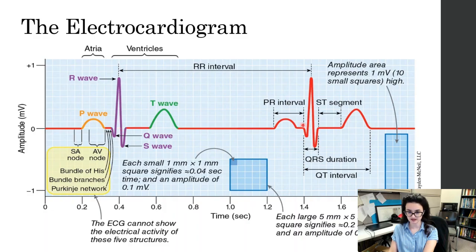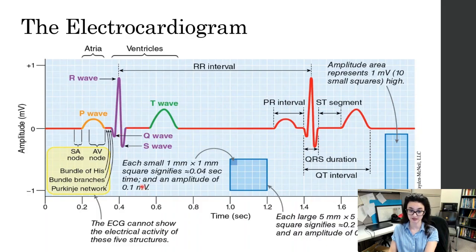When do the atria get to relax? The atria relax actually during ventricular contraction, and ventricular contraction spikes so high that you don't see any electrical impulse of the atria repolarizing because the ventricular depolarization completely covers it up on the graph.